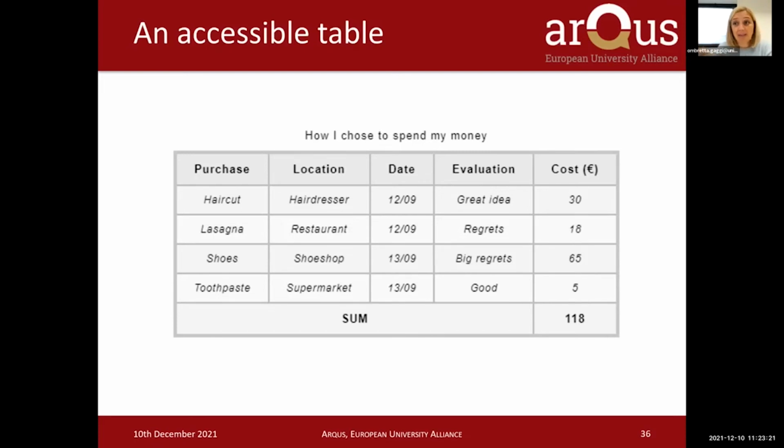So if I read the table with the headers, this time I will read purchase lasagna, location lasagna restaurant, date lasagna September 12, evaluation lasagna regrets. Okay, now it's more probable that it remains in your minds the point that lasagna was regrets for the author. So it's really important to associate the headers to column and to row, okay? Because then the screen reader will be able to do the association, okay?